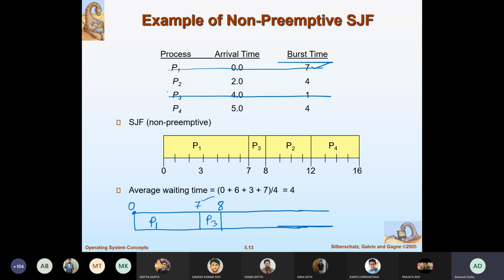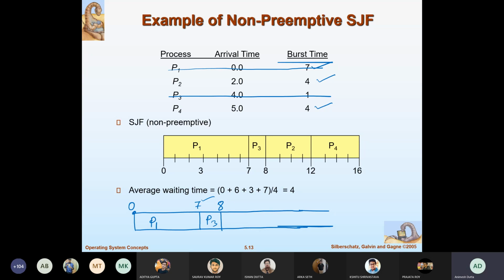Now you have two processes, P2 and P4. Both have the same burst time, so this is a tie. Which one to choose, because you are going for shortest job first? The simplest approach to break the tie is to follow FCFS among the tied processes. Choose the one which came to the system first.